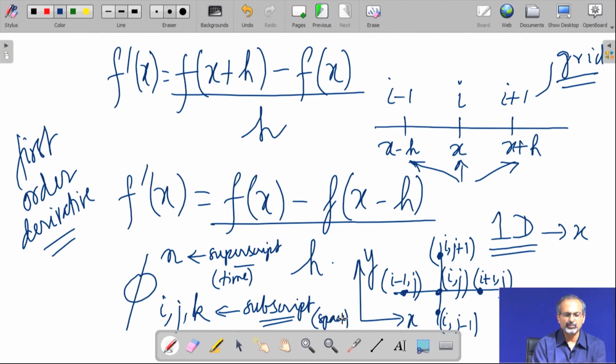This is a very common way of representing the information.